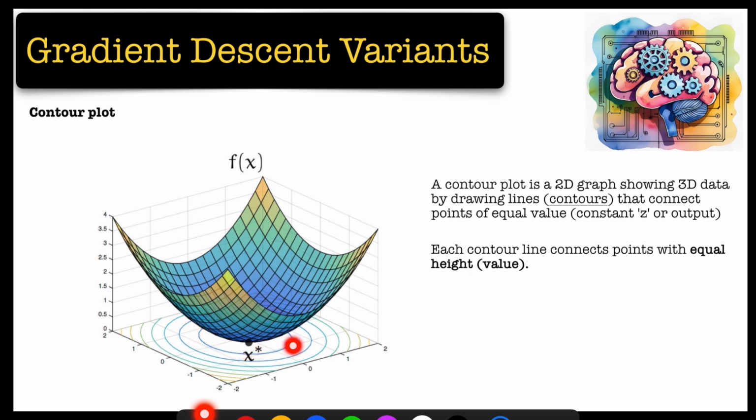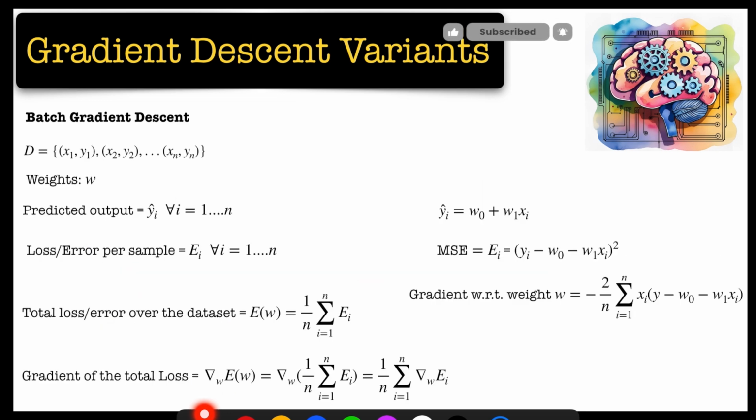You see these circles here; these represent points that have the same height. Each contour line connects points with equal heights. As we move outwards, the circles represent points with much higher heights. We'll use this in our discussion, that's why I quickly covered this.